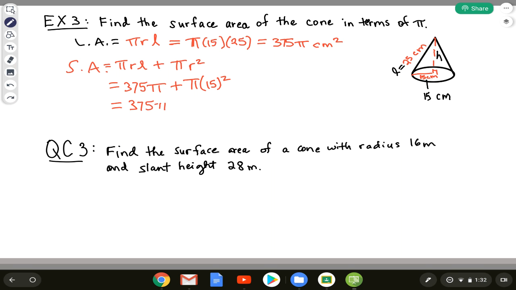So I'm going to have 375 pi plus 225 pi. And that's going to give me 600 pi. Now I could always put this in the calculator if I needed to round it, but they asked me to leave it in terms of pi, so I need to make sure I don't do that in this case. And the units would be in centimeters squared.